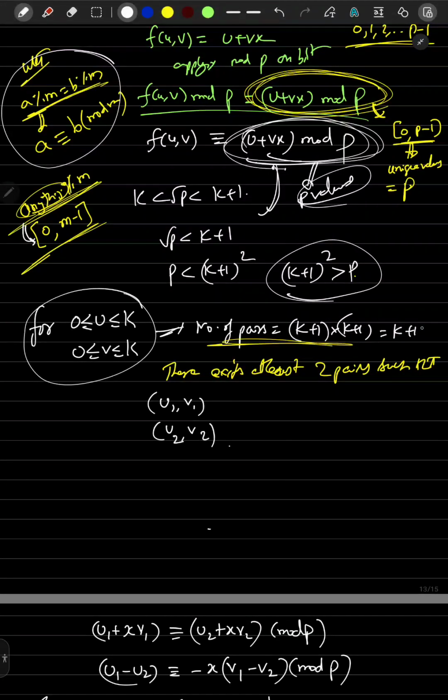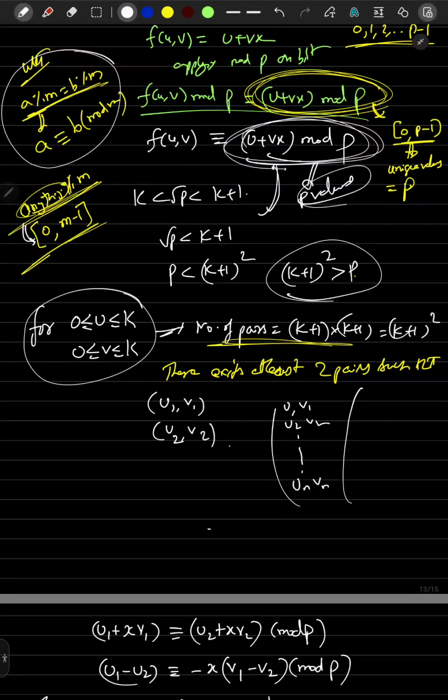So I want to know how many unique values will be possible to obtain. It will be p only. Okay, sure. But now I am giving (k plus 1) whole square inputs, which is greater than p. Can I expect that for all the inputs, u1 v1, u2 v2 and so on, un vn, the outputs will also be different?